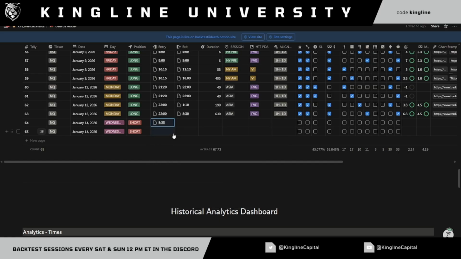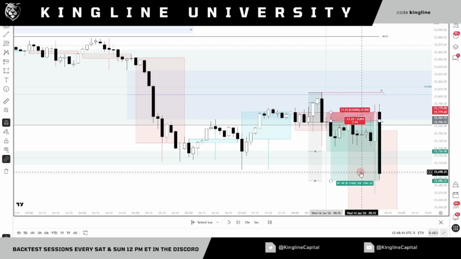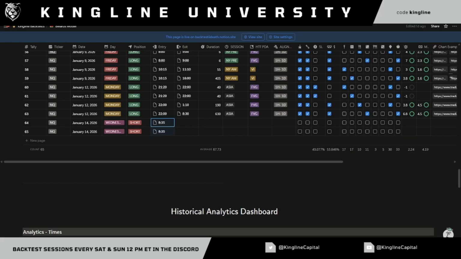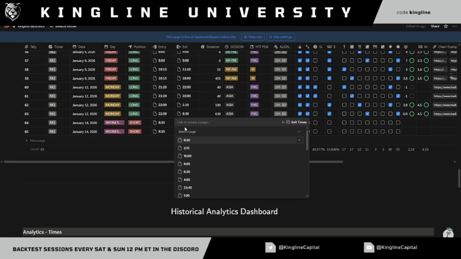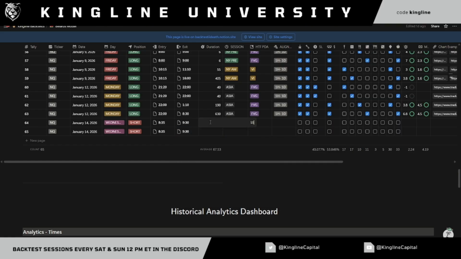So these are both entry 1, 1R and 2R. So the exit would be on the same exact candle, would be the open. It's kind of both.